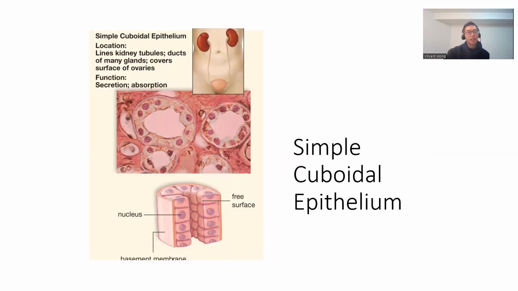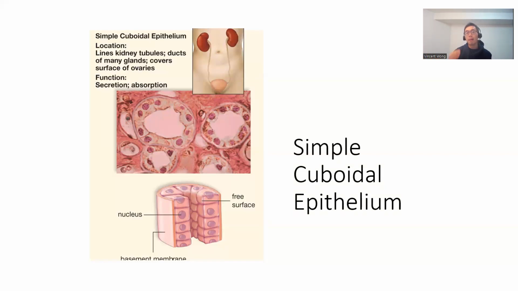Next, we have the cuboidal epithelium. Cuboidal epithelium are cells that are cube shaped, and they are often found in some kind of ducts. A duct is a tube that connects maybe a gland. Like for example, you have a sweat gland, and then there's a sweat duct that carries the sweat to the surface of the body.